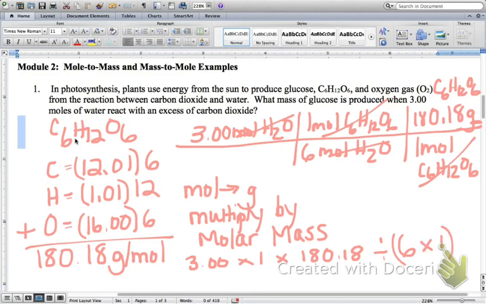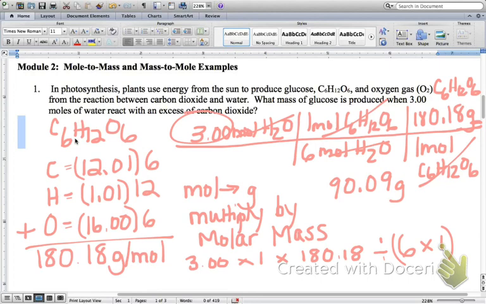How many significant figures did we start with in the number 3.00? I think I heard 3, right? So 3 significant figures. So if I started with 3 significant figures, I also want to end with 3. So when I type 3.00 times 1 times 180.18 divided by 6 into my calculator, I get 90.09, and that's grams.